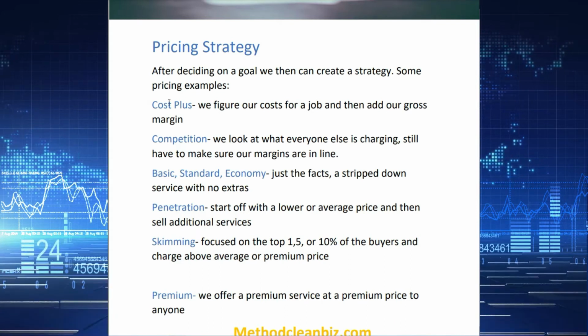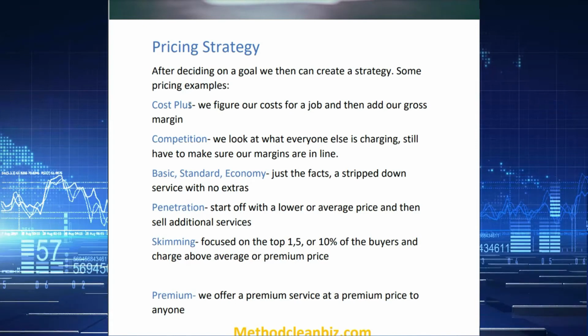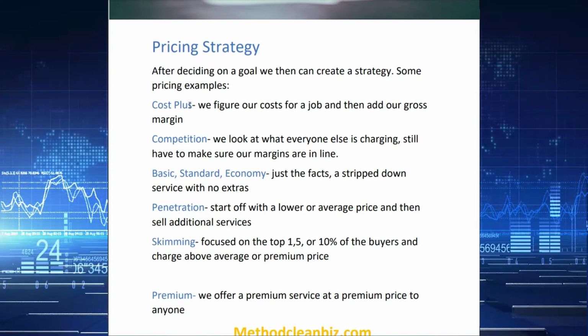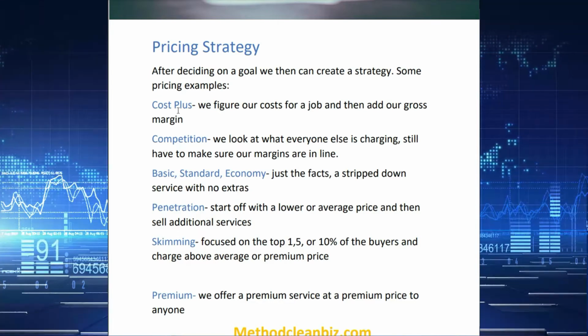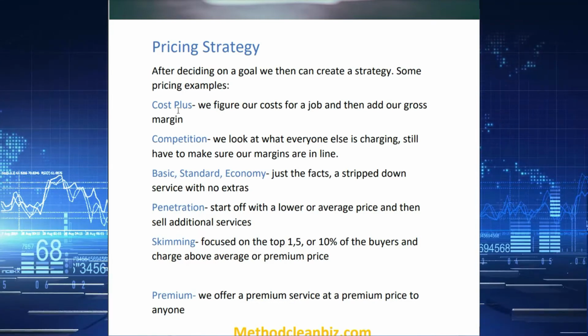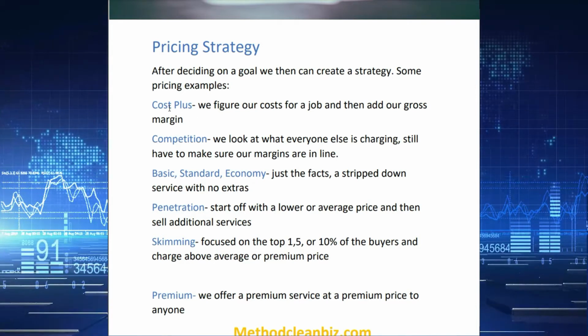Cost plus is the most common for that, where we're going to figure out all of our costs of goods sold, our job costs, and then we're going to add our gross margin or markup if you use that style. This is called cost plus.